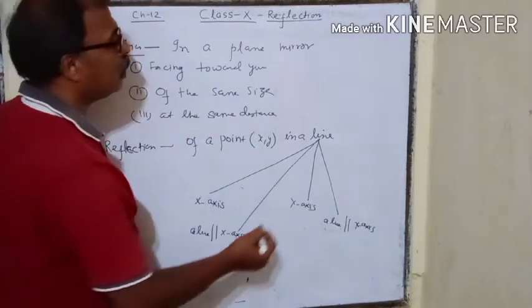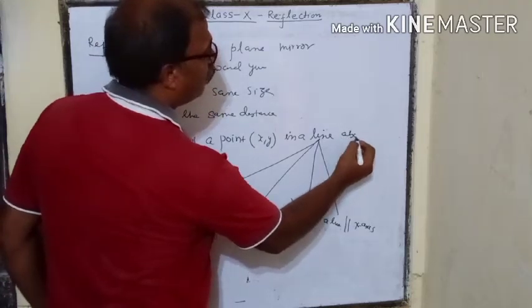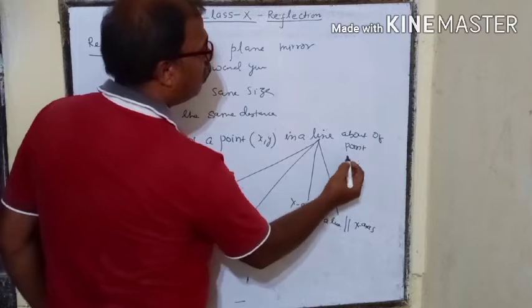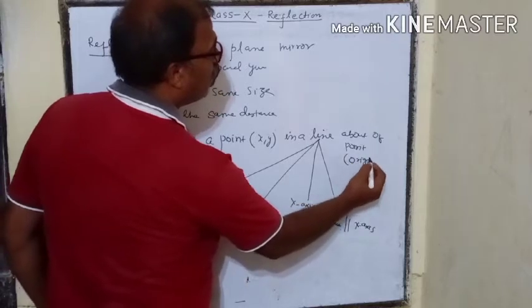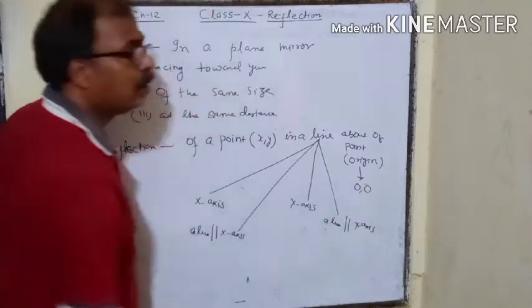Or we are going to see reflection of a point about a point. That point will be considered as the origin, and in the coordinate axis, the coordinate of the origin is how much? 0 and 0.